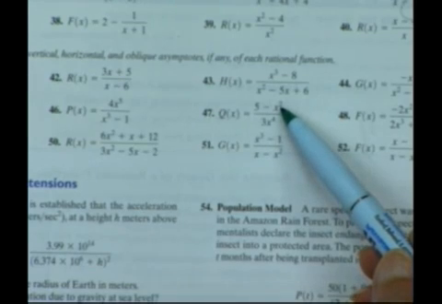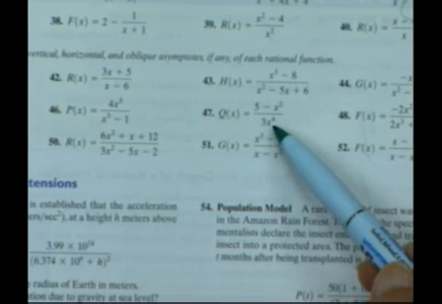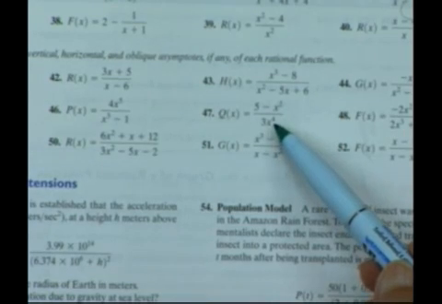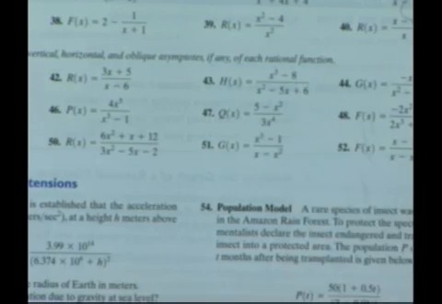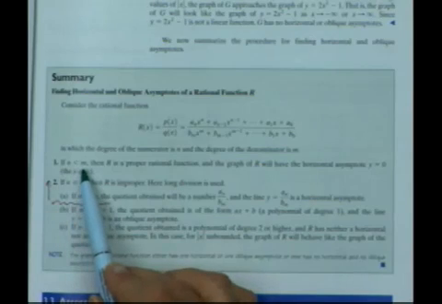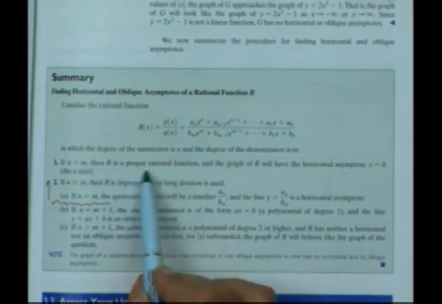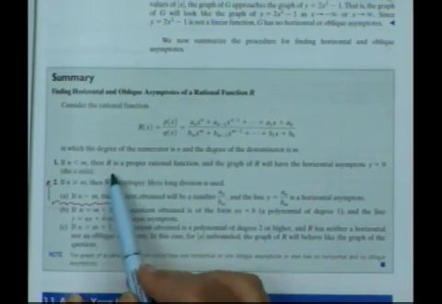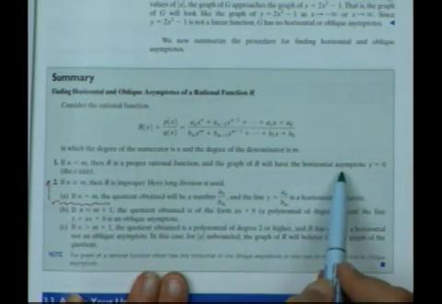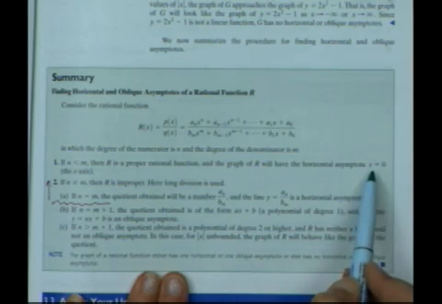Back on page 343, it's just equal to 0 if the degree of the numerator is less than the degree of the denominator, and it's a proper rational function, meaning the degree on top is less than the one in the denominator. The graph will have a horizontal asymptote, y equal to 0.